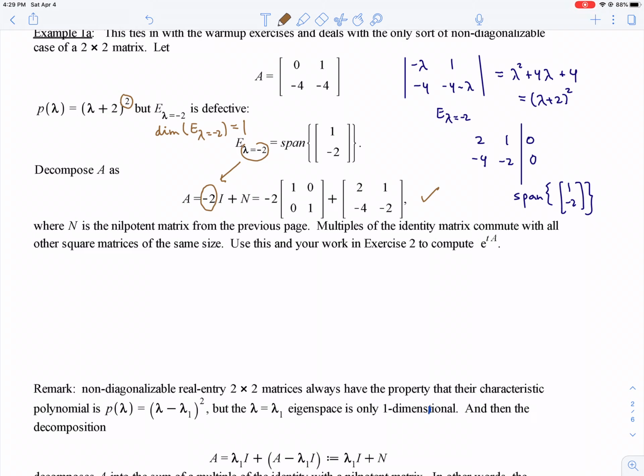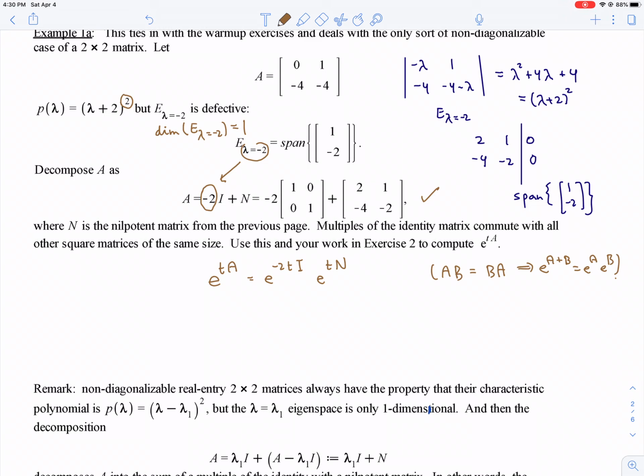And so in this example, e to the tA is e to the minus 2tI times e to the tN, so I'm just writing down what we're using.